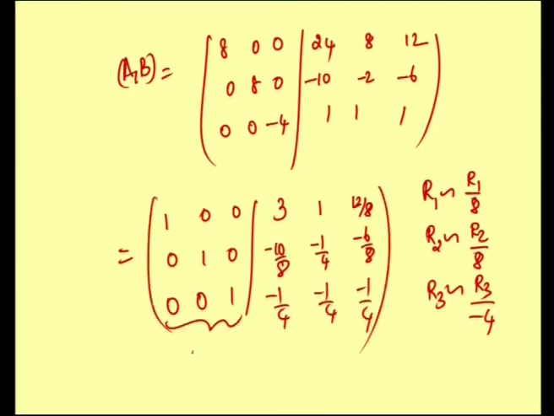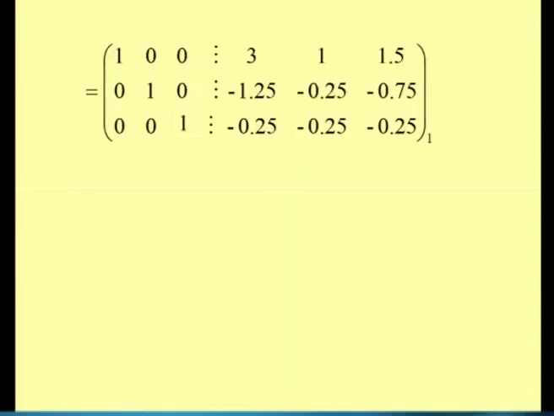So, your A has become the identity matrix and this required one is the A inverse. You can see the answer is 3, 1, 1.5, minus 1.25, minus 0.25, minus 0.75, minus 0.25, minus 0.25, minus 0.25 is the ultimate A inverse.